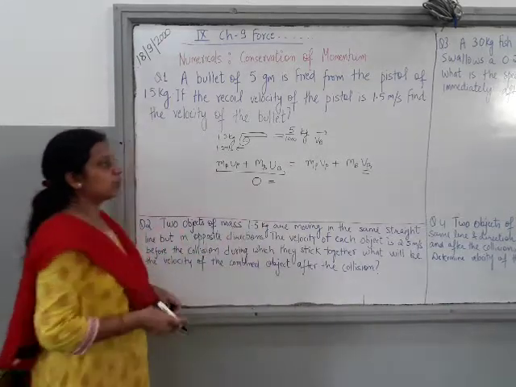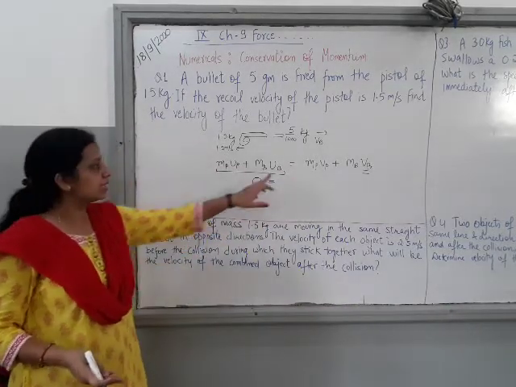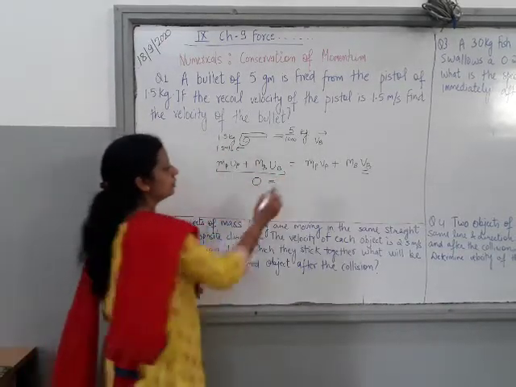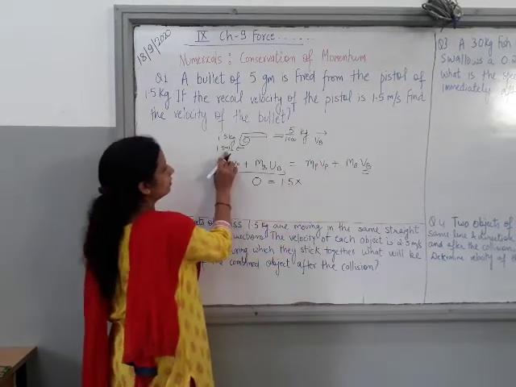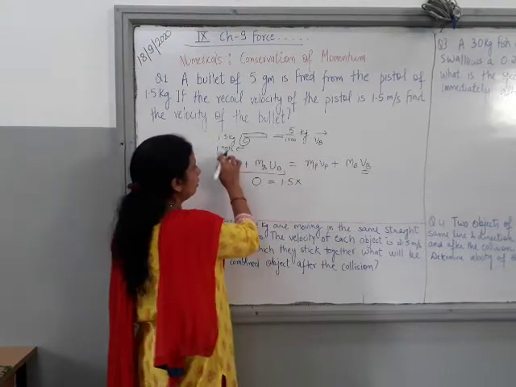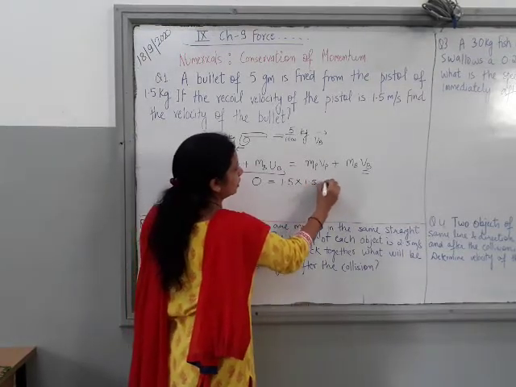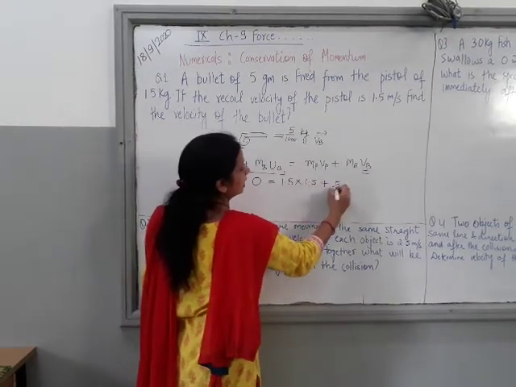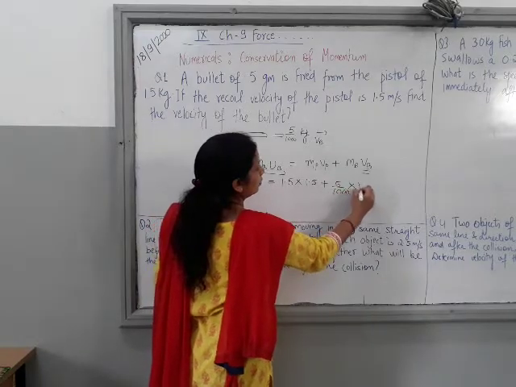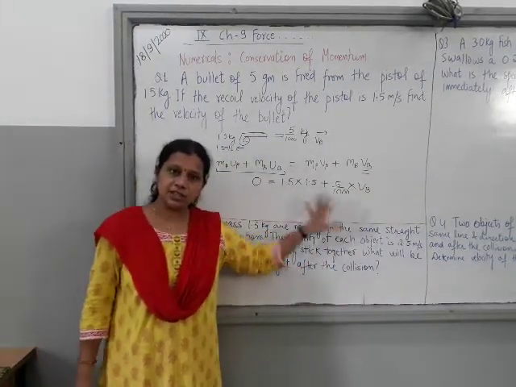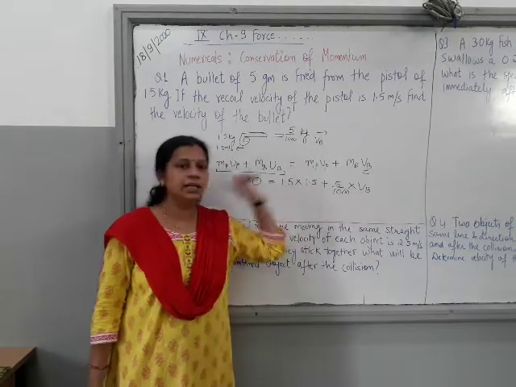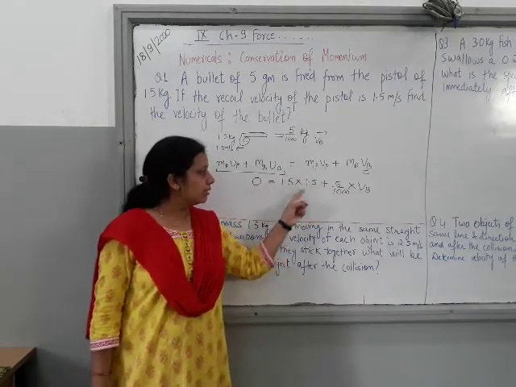Now simply you have to put the numbers in this. Mass of pistol is 1.5, so 1.5 into the final recoil velocity, 1.5, plus the mass, 5/1000, into VB, which you have to find. Now if you see, this is simply a linear equation that you have to solve to find the variable VB. So numbers I will take on one side.